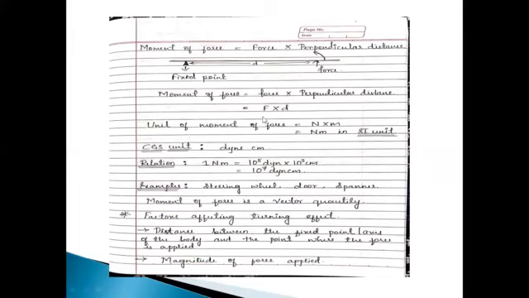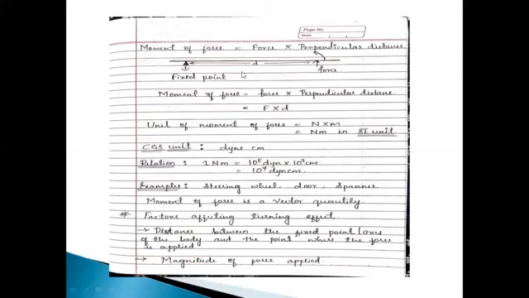So the factors which are affecting the turning effect are: first one, the distance between the fixed point or axis of the body and the point where the force is applied. It depends upon the distance. As the distance increases, what happens? Moment of force increases.